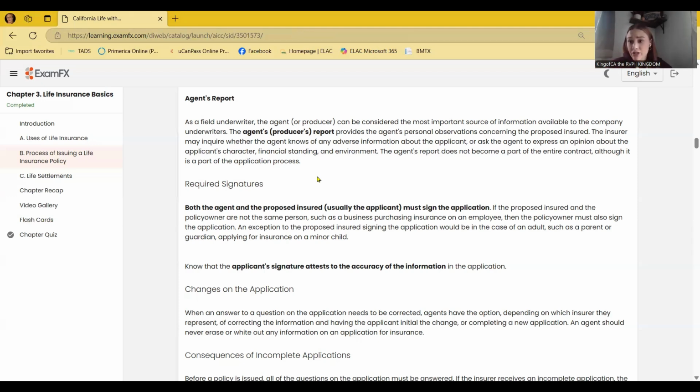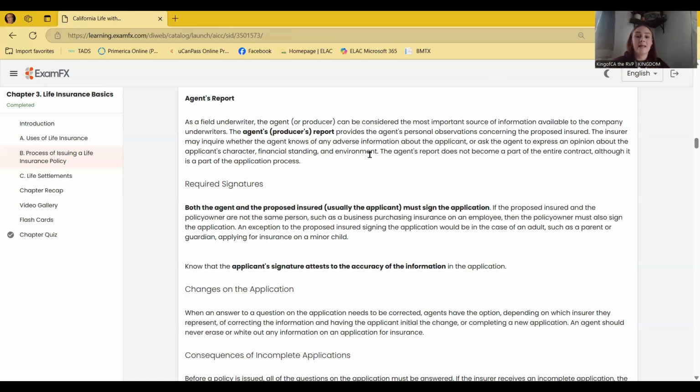Now, for the agent's report, the insured person, the applicant, will not see these notes. Okay, they do not become part of the policy. It's just an exchange of information between the field underwriter and the insurance company.